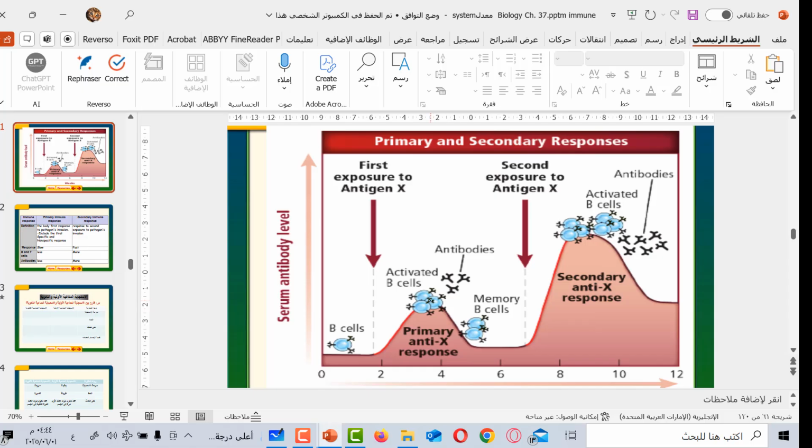But the second exposure takes a small time if we compare between the first and second, to make the high concentration of antibody. That's the first point. Also, the number of antibodies in the first exposure is lower than in the second exposure.